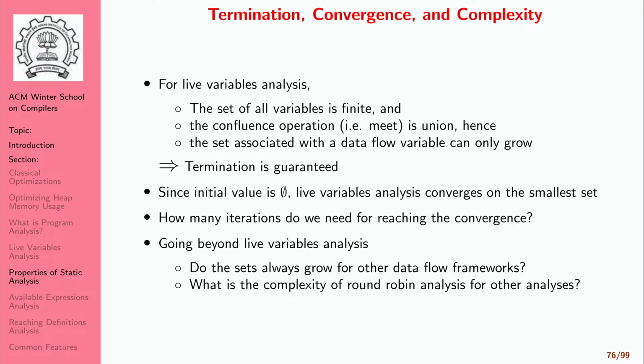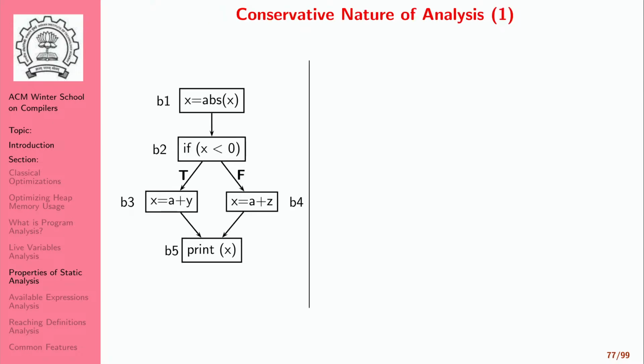I'm just trying to raise these questions to make you aware that there are many interesting deeper things in this subject, for which there are very interesting answers. But let's come to this. Do the sets always grow for other data flow frameworks? The answer is no. We will see a data flow framework where the sets do not grow. In fact, they shrink, starting from a universal set.